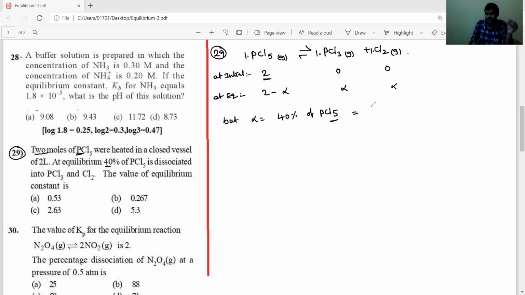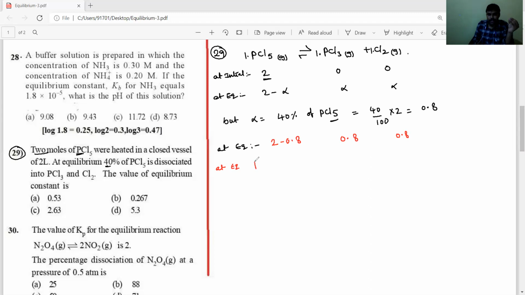Initially 2 moles, and 40 percent of that is 40 by 100 into 2, which is 0.8. So at the equilibrium state, PCl5 is 2 minus 0.8, PCl3 formed is 0.8, and the number of moles of Cl2 is also 0.8.